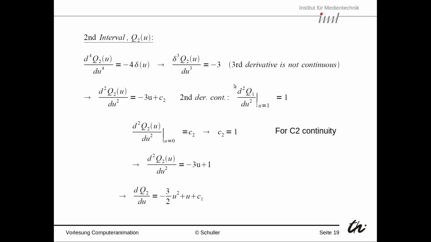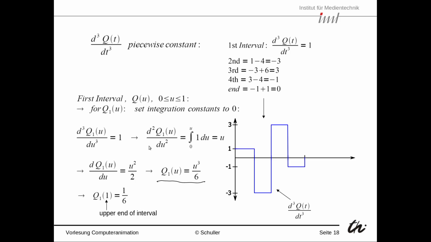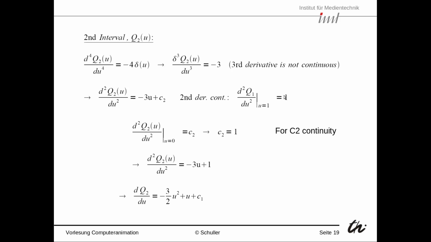So you can see it. Here the second derivative at the upper end, u equals 1. And when we go back here, the first interval had the polynomial u. So the upper end, u equals 1, means it has the value 1. So that's fine.